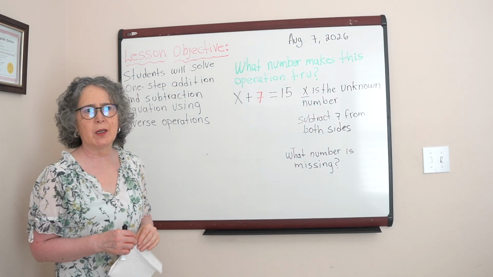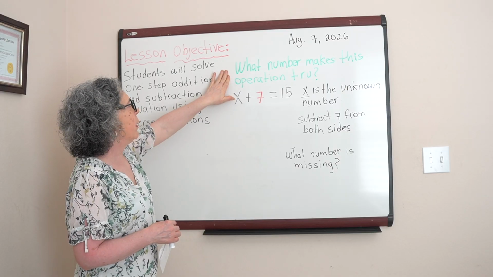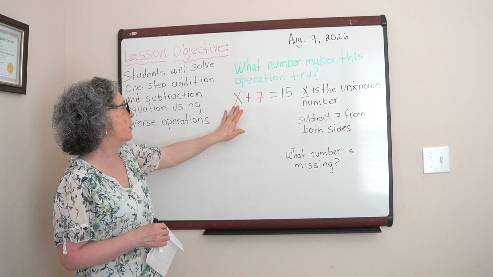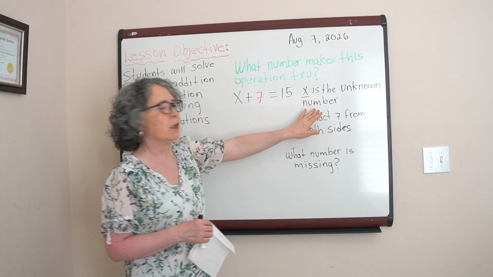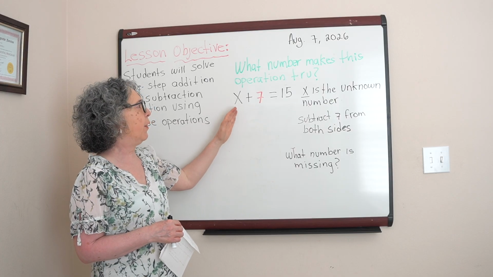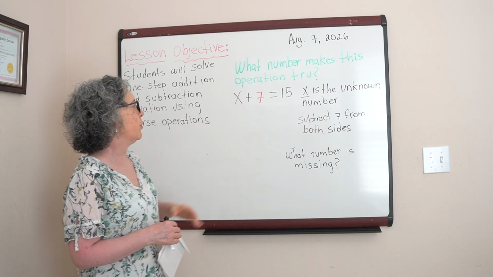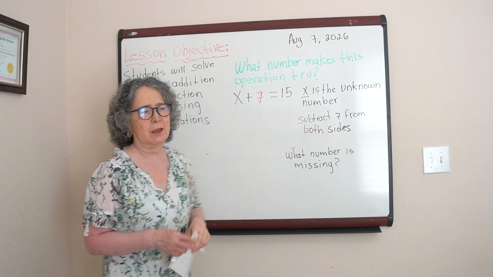so you can have a better understanding of these. Look up here. What number makes this operation true? We're going to find the missing number. In this case, x is the unknown number. I'm going to show you how to find the value of x. To find the unknown number, we have to subtract 7 from both sides.